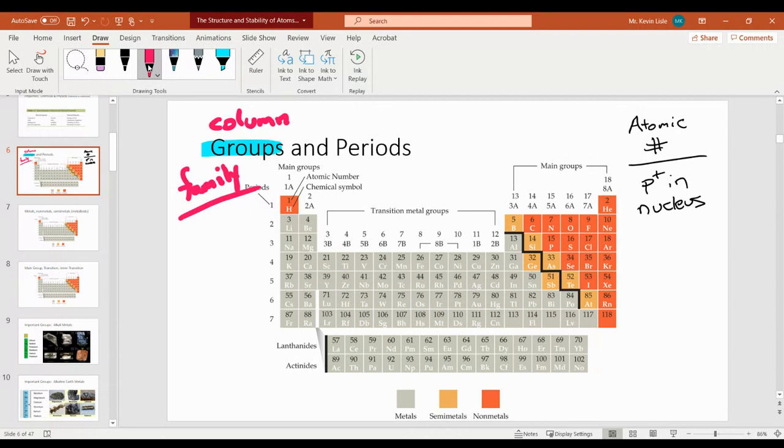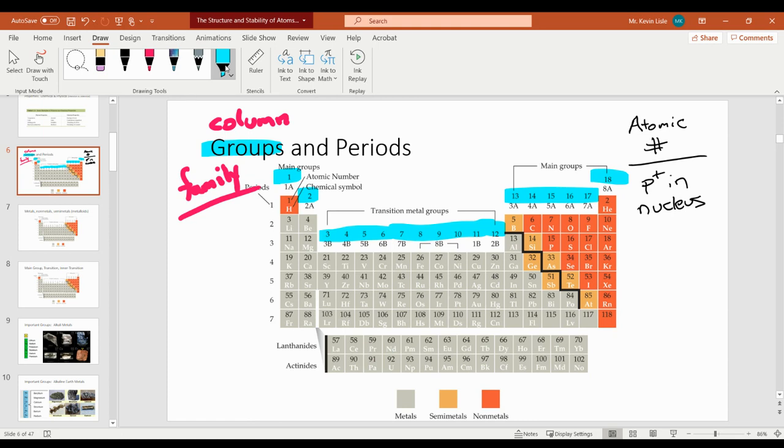The way that we number them, we leave out the bottom two rows of the periodic table, but essentially we're looking at sequential numbering from 1 all the way up to 18, going from left to right on the periodic table. So group 1 contains hydrogen and lithium and sodium and potassium and rubidium, cesium and francium.